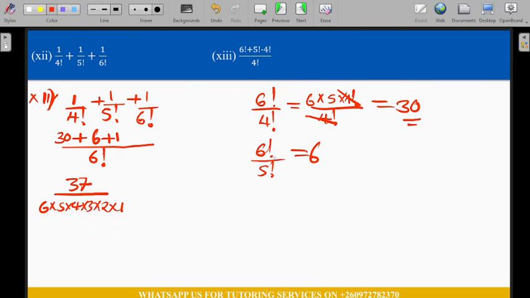So 6 times 5, that's 30. Now 30 times 4 gives 120, times 3 gives 360, times 2 gives 720. So 37 over 720 becomes the answer.